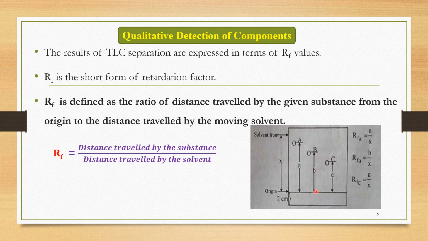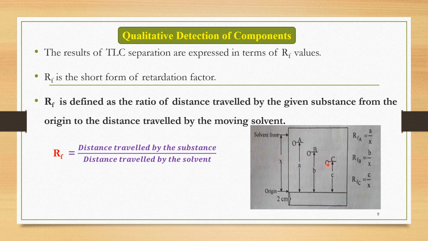From this origin we kept the three spots, and we obtained them at different distances on the glass plate. This is the origin, and this is the solvent front. The total distance is x, while the three spots A, B and C have respective distances of small a, small b and small c.